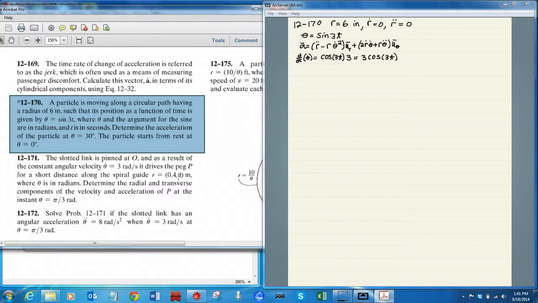Okay, to take the second derivative, I'm going to take the d dt of theta dot, of what I just took. In this particular case, the derivative of the cosine is minus sine, so this would be minus the 3 out front, the constant, sine of 3t, times the derivative of what's inside the sine term, which is 3. So this is equal to theta double dot, and to simplify a little bit, that'll be minus 9 sine of 3t.